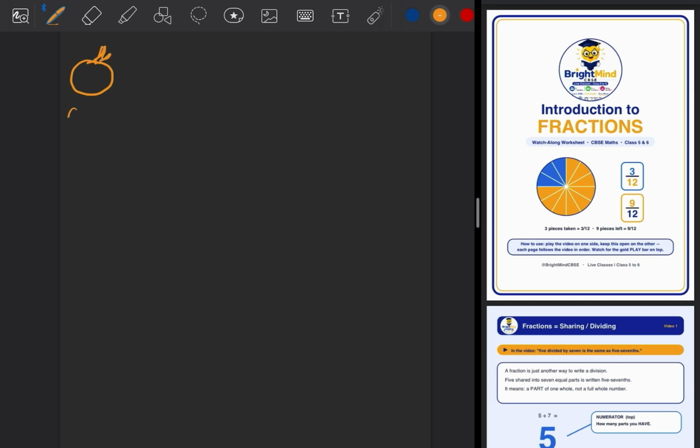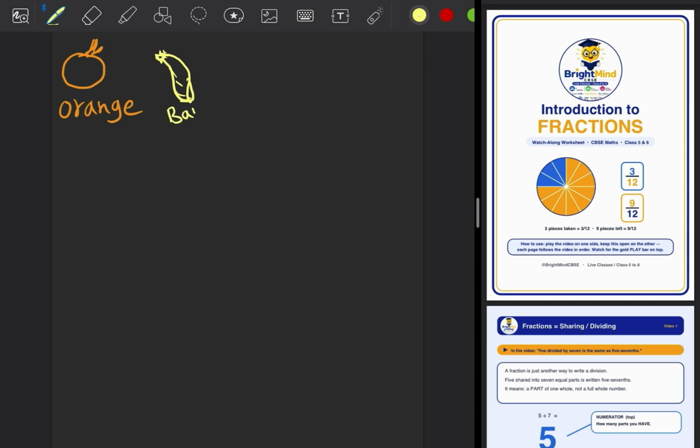See, this is an orange, right? And I will also draw one banana. I will use yellow color. Yeah, this is a banana. It looks like a banana.